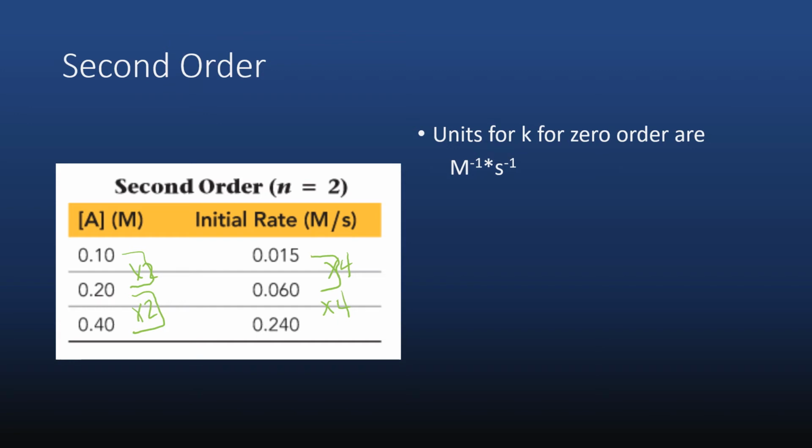Now, if we were looking at this and the numbers weren't so nice and neat, they weren't exactly doubled, and we needed to figure out what our order was, what our n was, then remember it is a proportionality. So we can take any two of these and figure out the ratio. So we'll take rate 2 divided by rate 1.